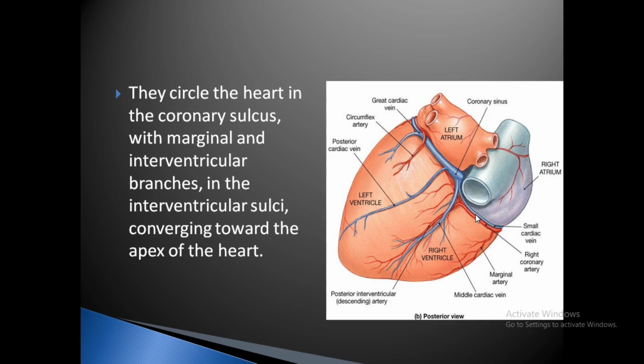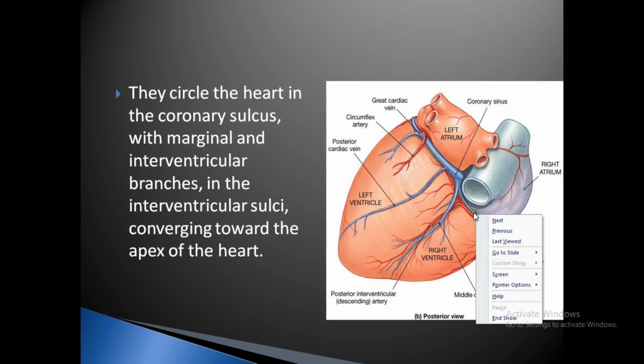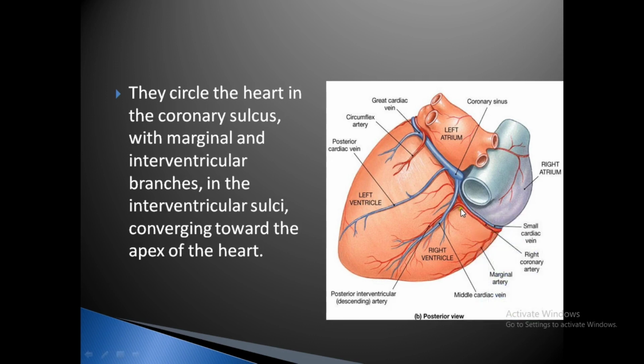If you could see in the picture, this is the right coronary artery and the left coronary artery, which encircle the heart in the coronary sulcus along with the marginal artery and the interventricular artery in the interventricular sulci. They converge towards the apex of the heart.